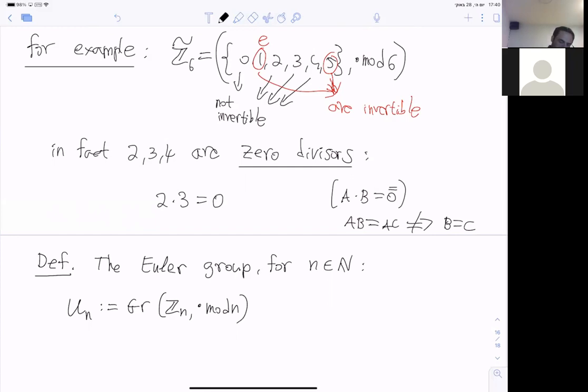And this turned out to be exactly all the numbers between 1 and n. Of course, 0 is not included. I mean, all numbers in between that are coprime to n.